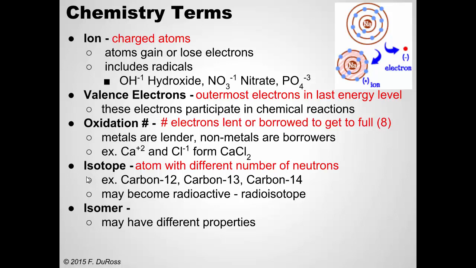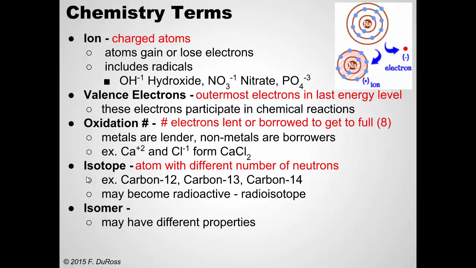So for example, carbon 14, how many neutrons does carbon 14 have? 8. Has 8. Because all carbon has 6 protons. Carbon 14 has 8 neutrons. Carbon 13 has 7. Carbon 12, 6.